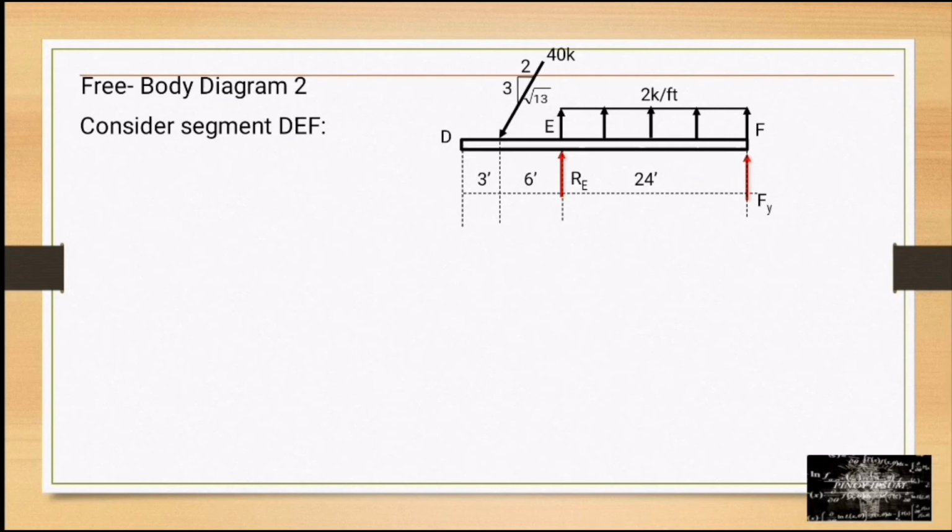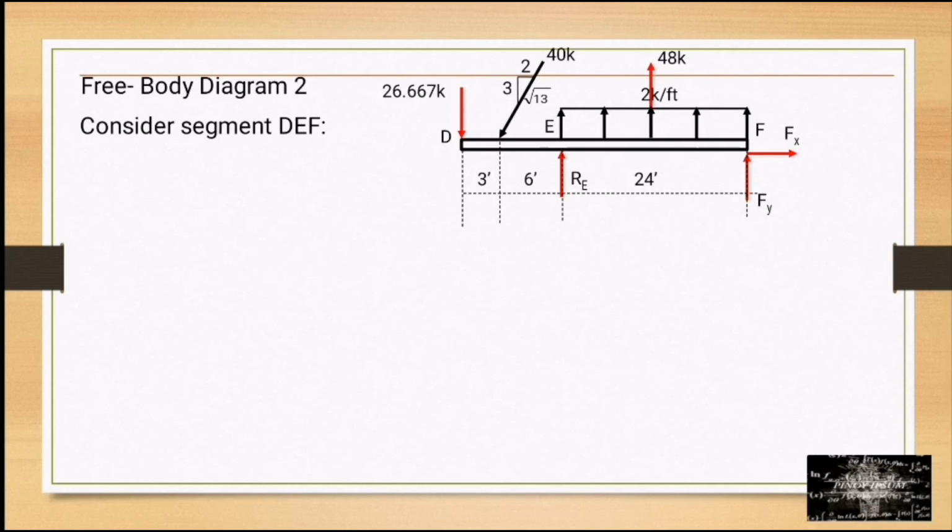Then, sa F, since naka-pin, may dalawa tayong reaction, vertical reaction at saka yung horizontal reaction. So, we have Fy and then Fx. Then, sa point D, i-transfer natin yung reaction na nakuha natin sa segment CD, no? So, we have 26.667 kips.